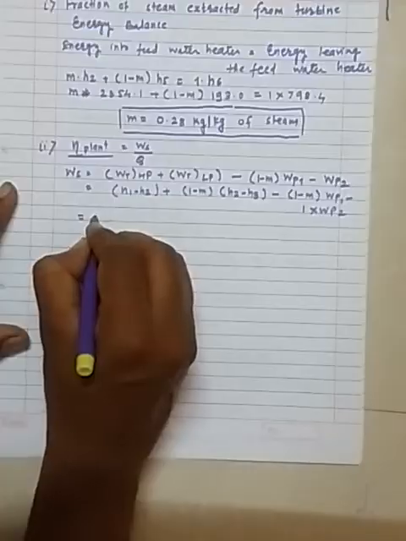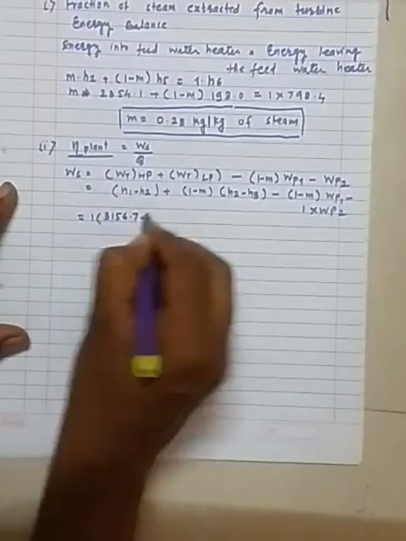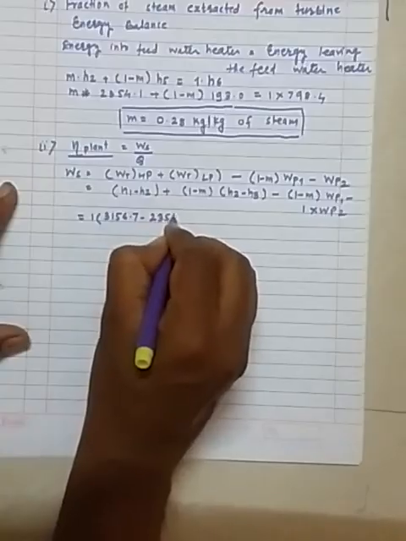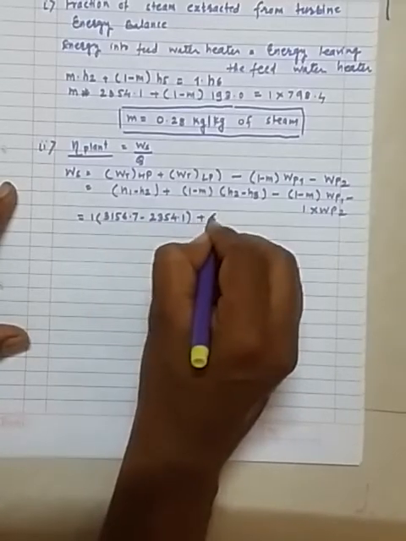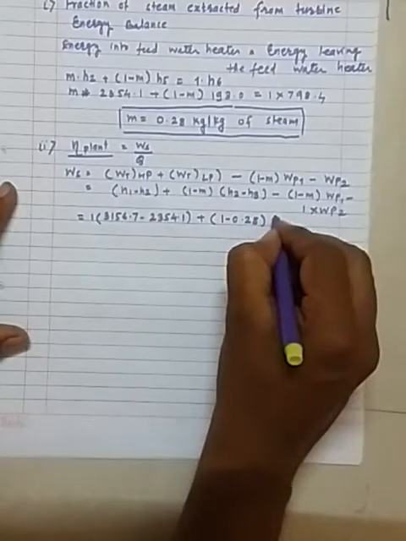Again I am putting the enthalpy values, 1 into (3156.7 minus 2354.1). These are all enthalpy values I am substituting here directly, which is not difficult to understand.